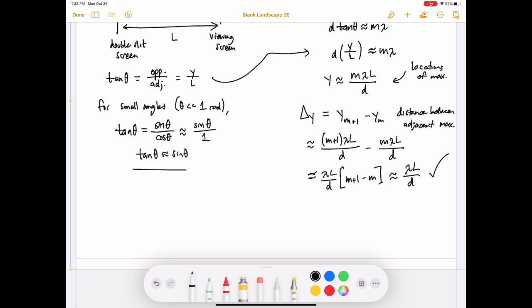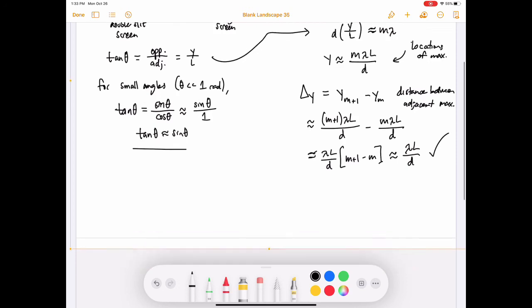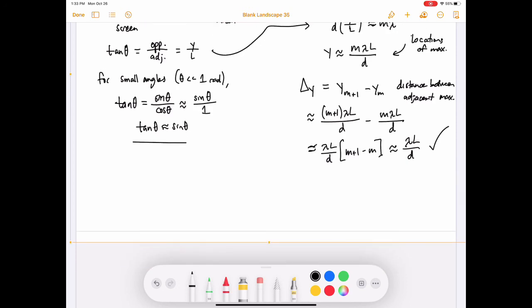Okay, so now to do the calculation for the example problem that we did. So for the example problem, we had a wavelength, lambda, equals 525 nanometers. Let's remember that nano is the same as 10 to the minus 9. So this is 525 times 10 to the minus 9 meters.